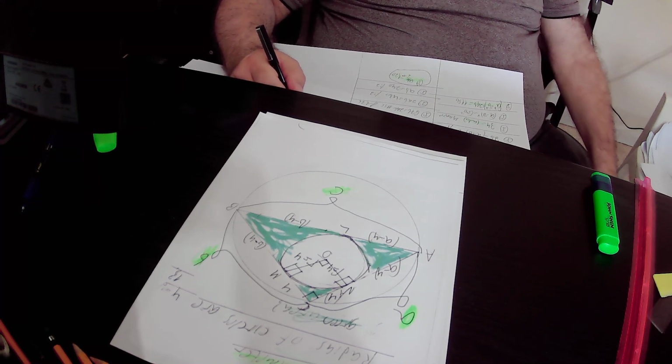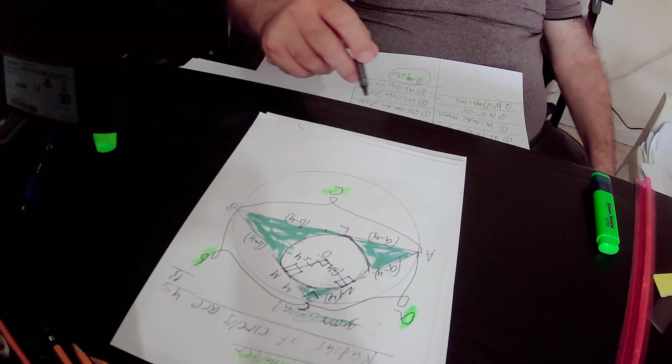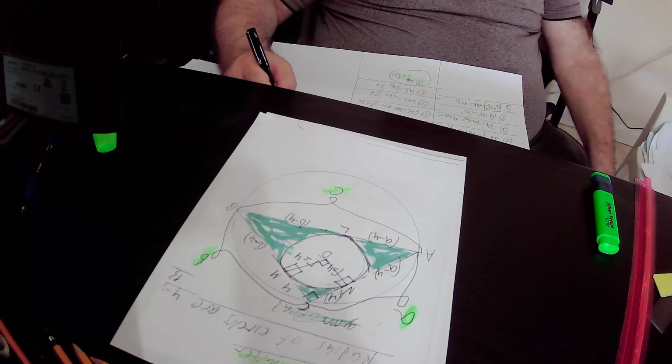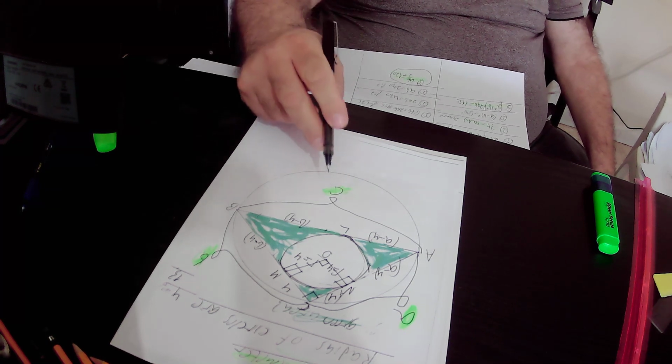I repeat again, the area of the blue shape equals the area of triangle ABC minus the area of the small circle.